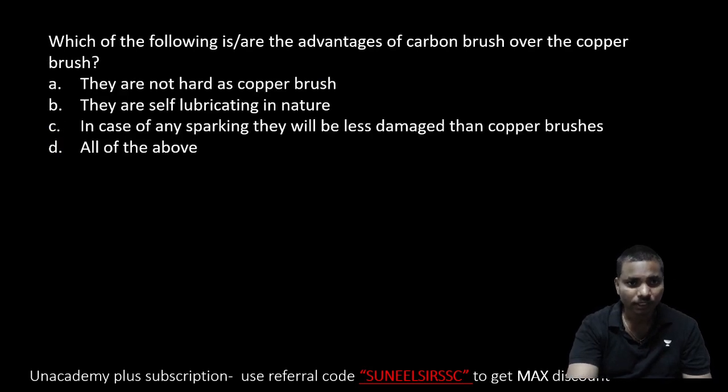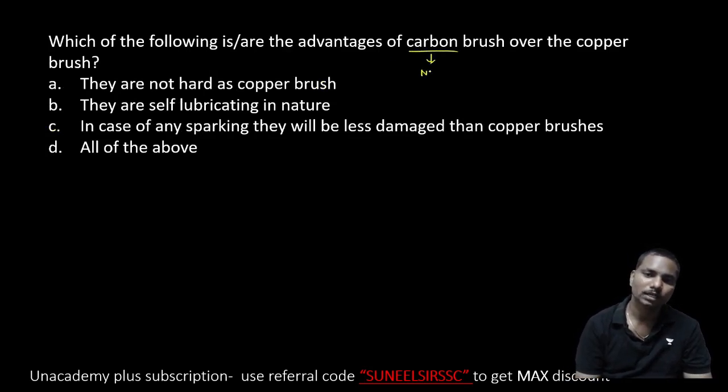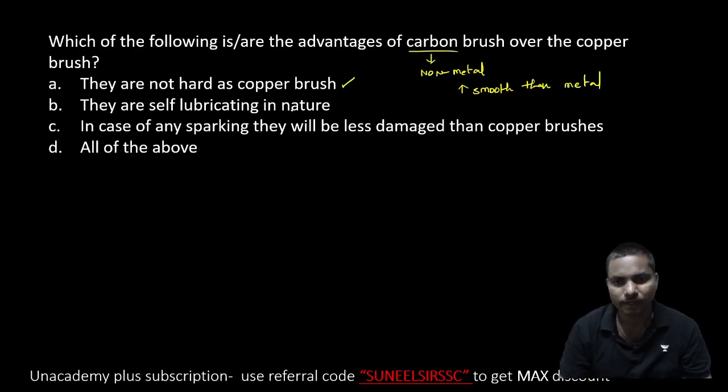Coming to the next one, which of the following are advantages of carbon brushes over copper brushes? Carbon is a non-metal. Non-metal in the sense it is somewhat smoother than metal, so they are not as hard as copper brushes. Yes, correct. They are self-lubricating.